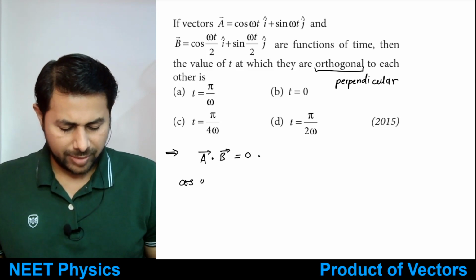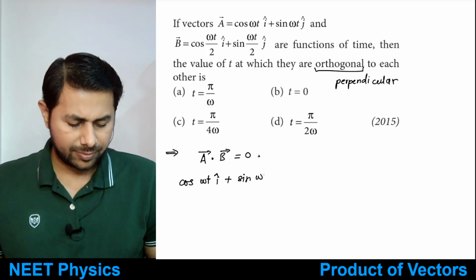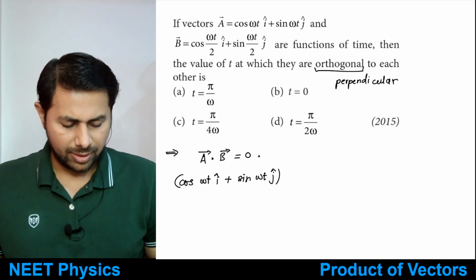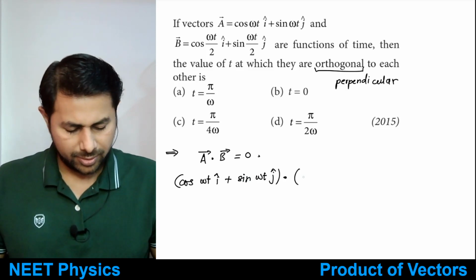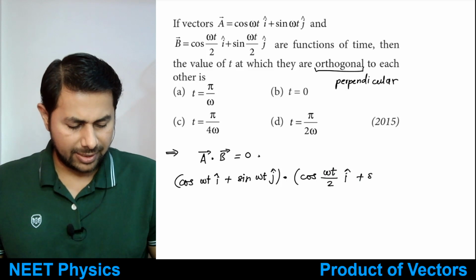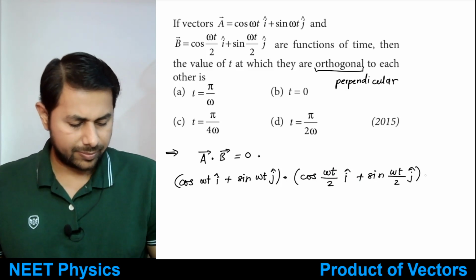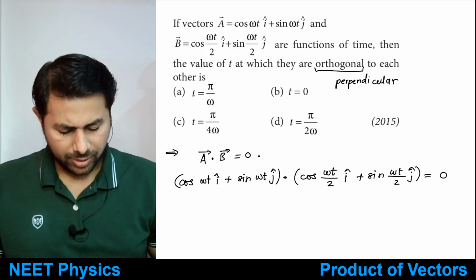It's cos of omega t into i cap plus sine omega t into j cap, and take its dot product with cos of omega t by 2 times i cap plus sine of omega t by 2 multiplied by j cap, and that should be equal to 0.